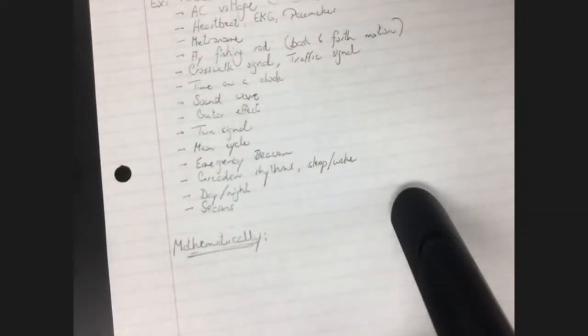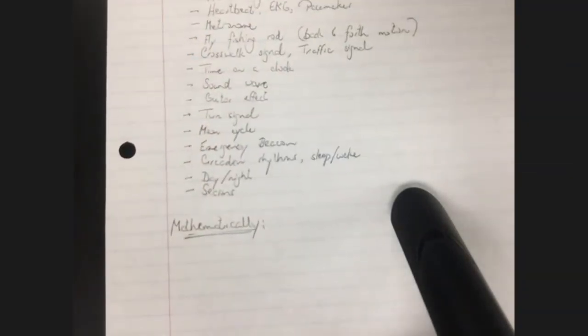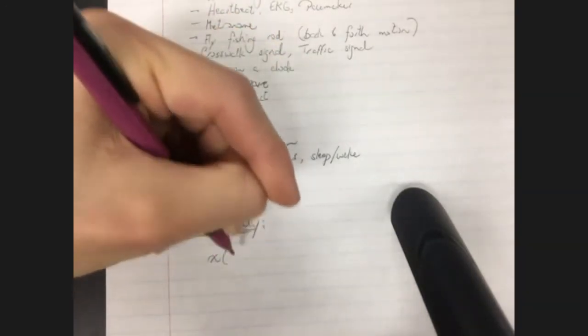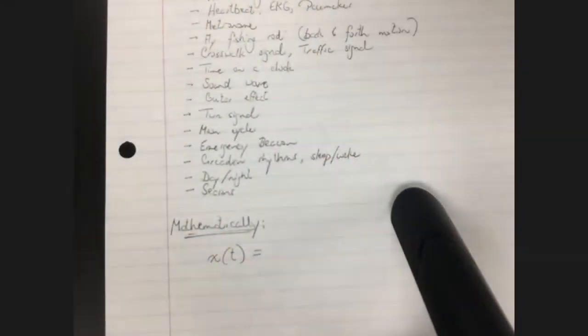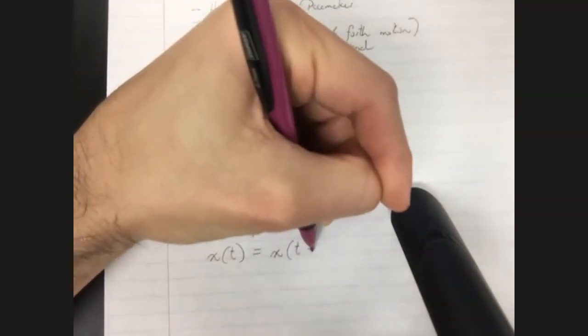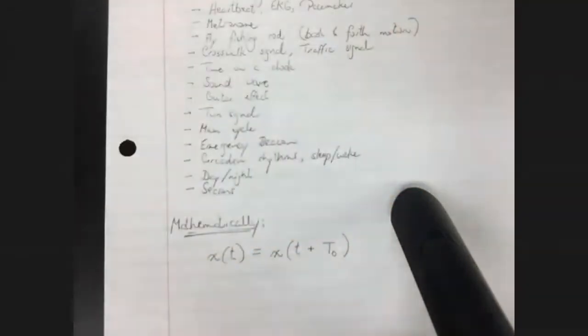Now, mathematically, the main characteristic here with periodic signals is that we can write it: a signal is going to be periodic if x of t is going to be equal to x of t plus, let's say, capital T, or let's call it T sub 0. Okay.